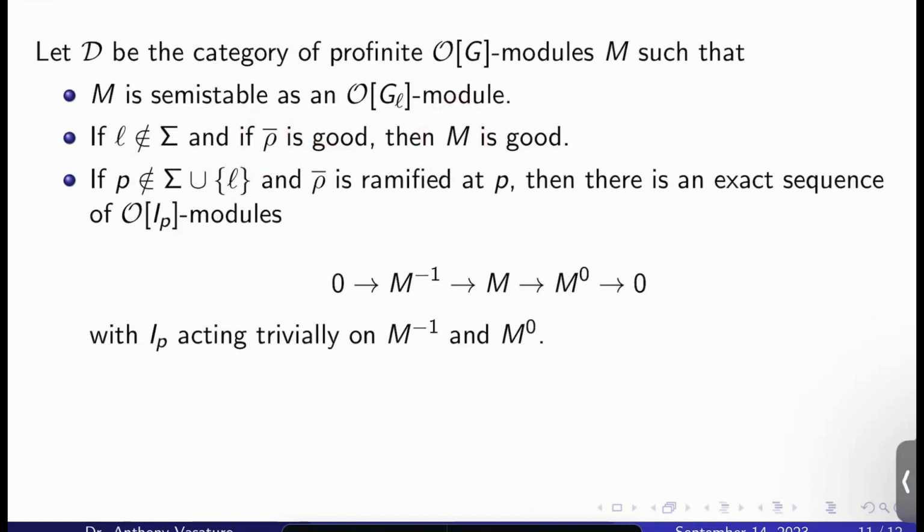And three, if P isn't in Σ and isn't L and rho bar is ramified at P, then there should be an exact sequence of O[[I_P]] modules, so we're looking over the inertia group at P now, 0 to M^{-1} to M to M^0 to 0, where I_P acts trivially on M^{-1} and M^0. This is the so-called inertially unipotent condition from earlier.